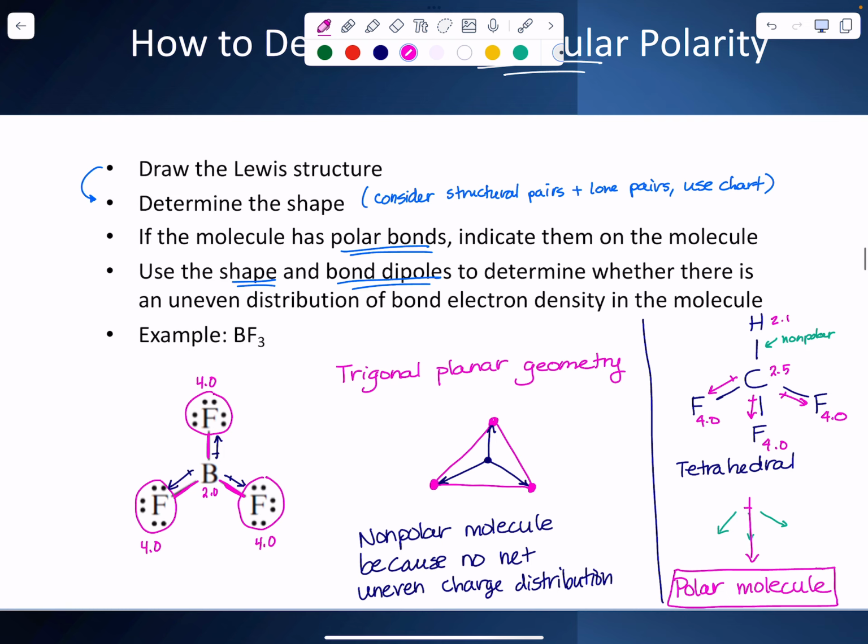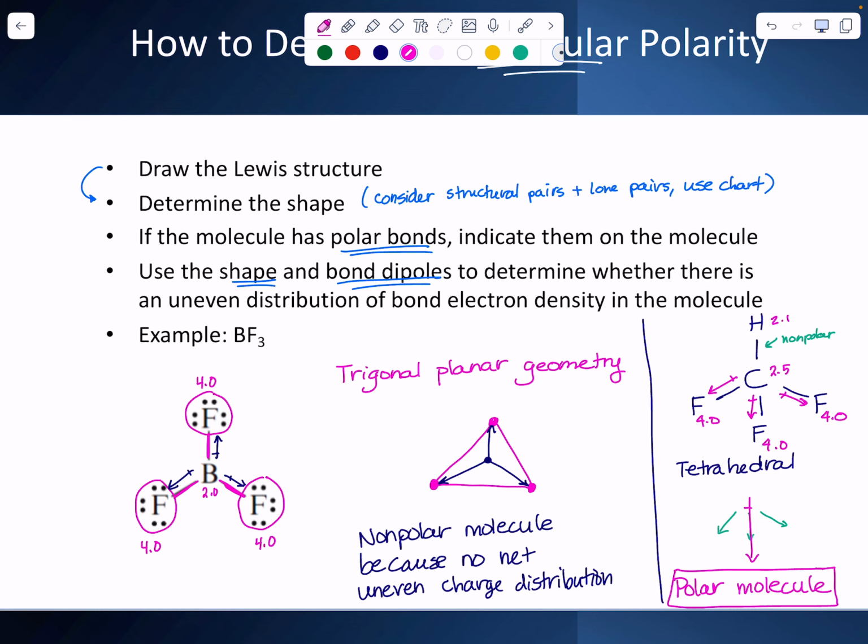And again, it has to do with shape. If our boron trifluoride were a different shape, if it weren't all in the same plane, then those forces of the fluorines pulling on the electrons would not all be evened out and offsetting one another.